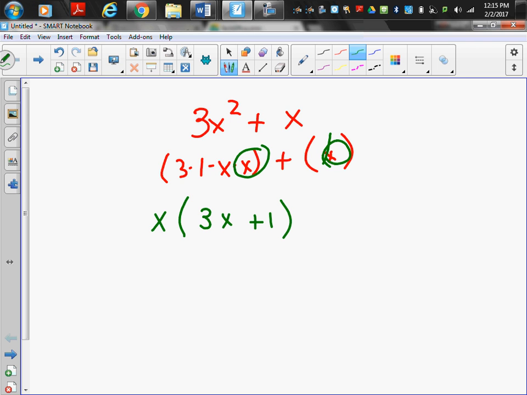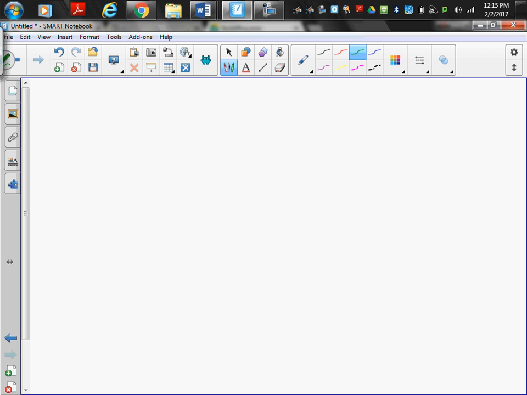Alright, so let's look at one more problem from yesterday. Review. We have 10x cubed minus 5x squared plus 25. The first thing I want to do is see what I can factor out.